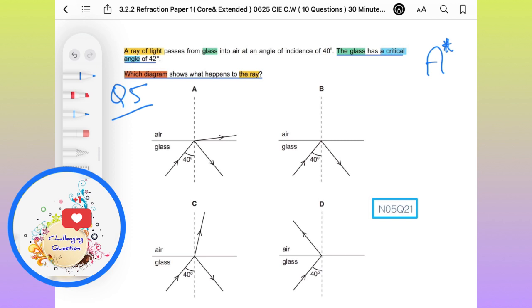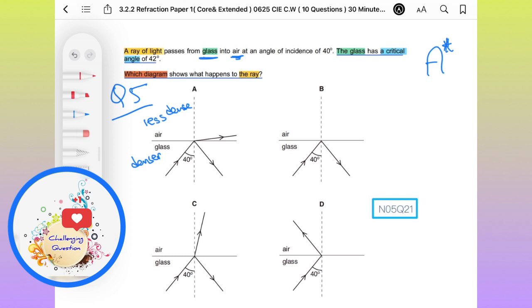So what happens to the ray here? The condition we have is that the light ray is traveling from glass into air, so from denser to less dense. You know that when a light ray travels from denser to less dense, it bends away from the normal.